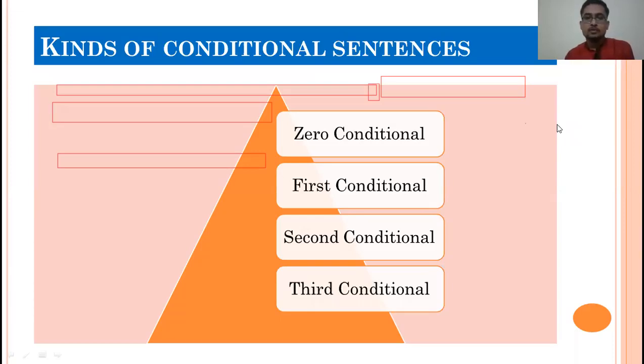But for the students of a country like ours, if we divide conditional sentences into four sections, I mean zero conditional, first conditional, second conditional, and third conditional, it will be convenient to understand. So you see here are four kinds. First one is zero conditional, second is first conditional, third one is second conditional, and the fourth one is third conditional. So let us have the structure and examples of these conditional sentences.